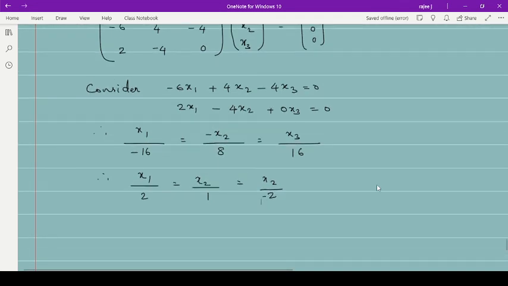So you can keep it as, if you want, minus 2, minus 1, plus 2, or 2, 1, minus 2, whatever way you write, the answer is right. So therefore x2 is equal to 2, 1, minus 2. You can write it up and down.